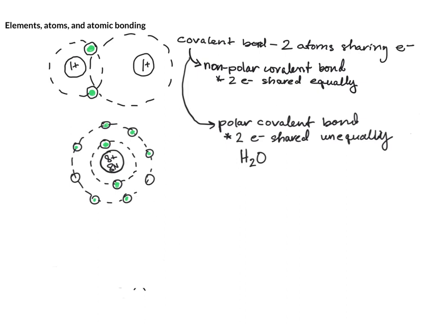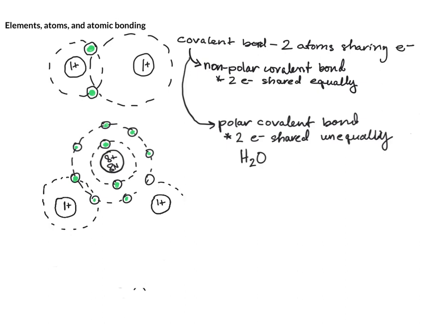And one of the possible things it can form covalent bonds with is hydrogen. So let's make a hydrogen nucleus with its 1 proton, and in that valence shell, hydrogen brings an electron to the party, and we've begun to fill in oxygen's valence shell.